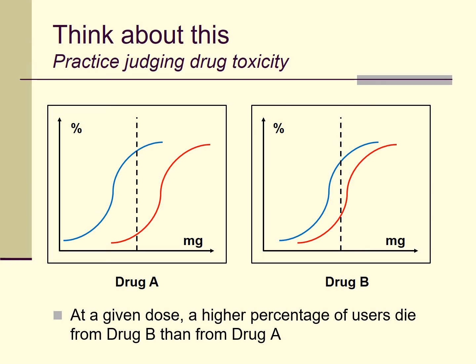The point at which that dotted line crosses the red curve for drug B is higher than the point at which it crosses the red curve for drug A. So whether you think about it in terms of the relative heights of those lines, or in terms of how close or far those curves are, hopefully you can get a sense of how we can use these dose response curves, or dose effect curves, to think about toxicity when we're doing laboratory studies.